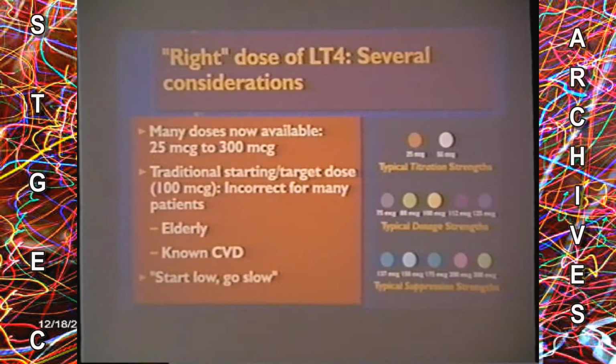Now, in younger patients, so if somebody was 25 years old, 30, otherwise healthy, then I would go straight to the full replacement dose. Now, however, in our older patients, or if they have underlying heart disease, then you want to start low and go slow. Okay, and the reason for that is if they've not been exposed to thyroid hormone, when you start thyroid hormone, again, this regulates your metabolism. So if you jazz them up too much, the heart may not be able to keep up.